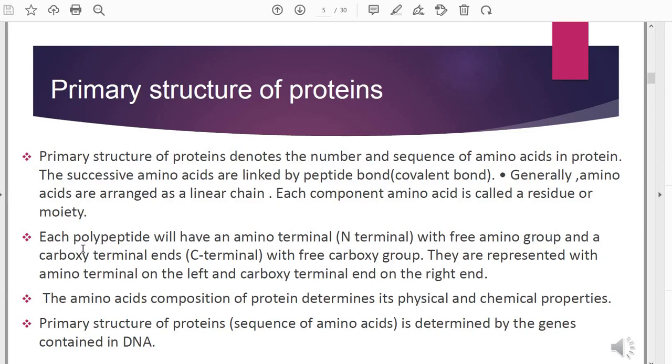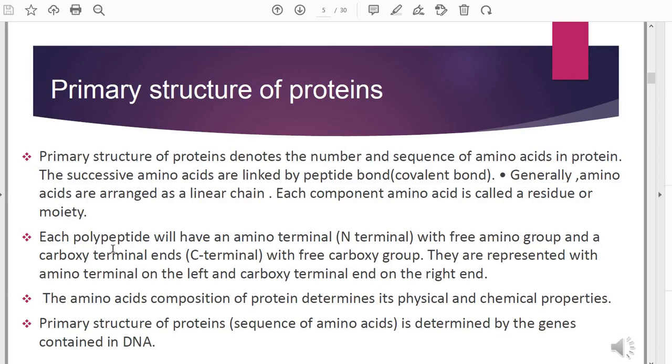At the end, each polypeptide chain will have free amino end or N terminal at the left and free carboxylic end, it's called C terminal on the right. احنا قلنا إن الconfiguration of the amino group in all amino acids it's L on the left, so ال N terminal تبقى in the left وال C terminal on the right. يبقى free groups, not connected, not entering information of the peptide bond.